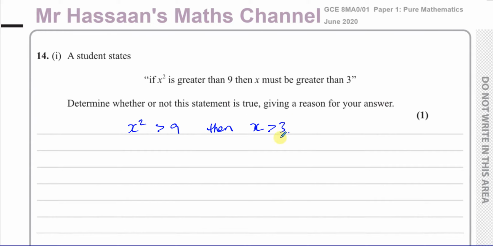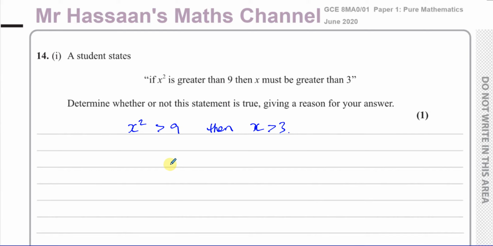Now when you're dealing with square numbers, here it doesn't mention x having to be a positive integer or an integer or anything, so it could be any number including negative numbers. So we can straight away see that we can choose a number that's negative, which when you square it, you get an answer which is greater than 9.